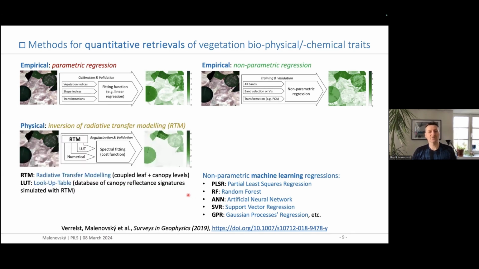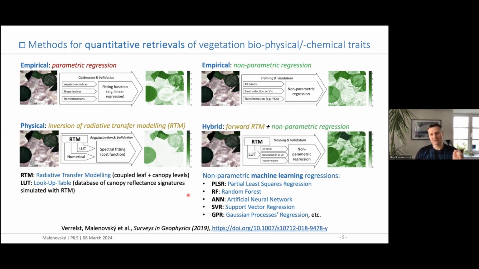The other option is to engage a radiative transfer model and invert the model itself. So that would be a mathematical inversion where we couple the leaf and canopy radiative transfer model and then establish through some cost function and try to find the ideal, or basically the optimized, solution for our remotely sensed observation.